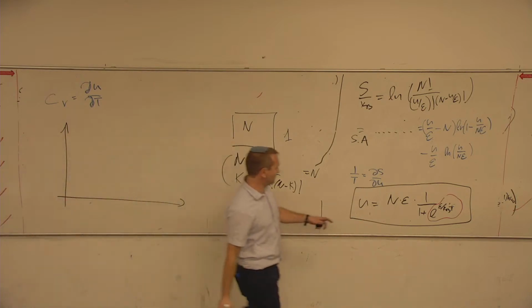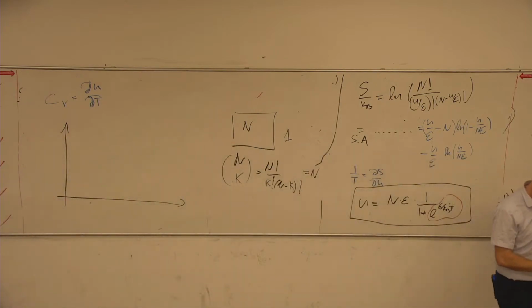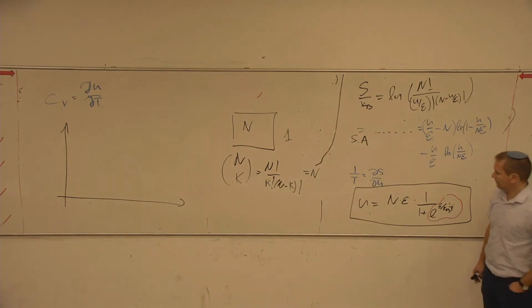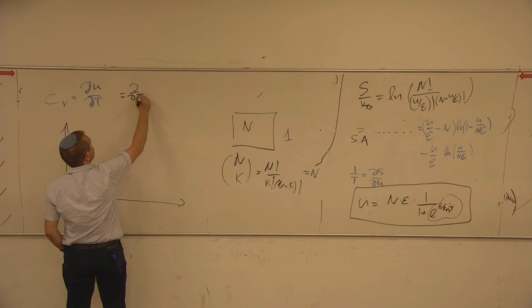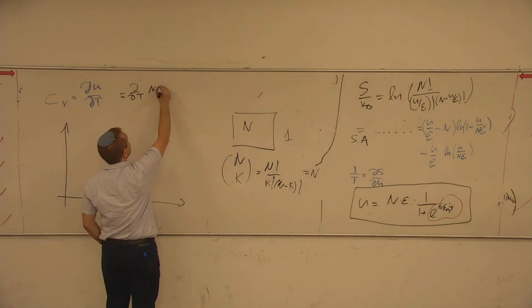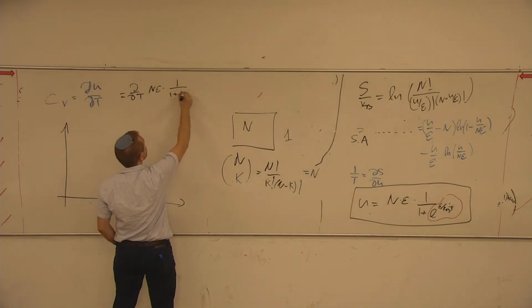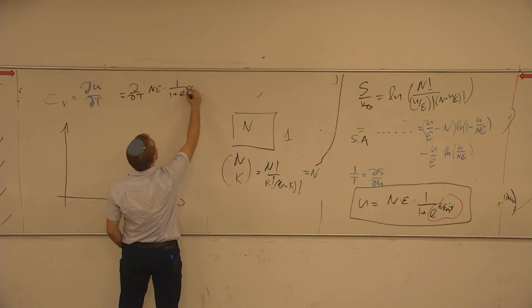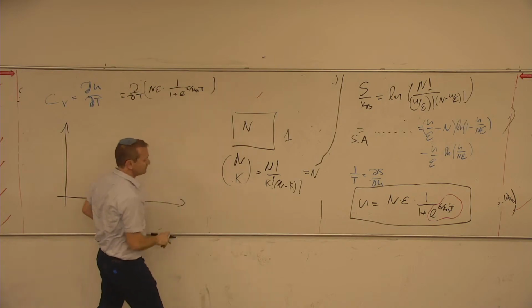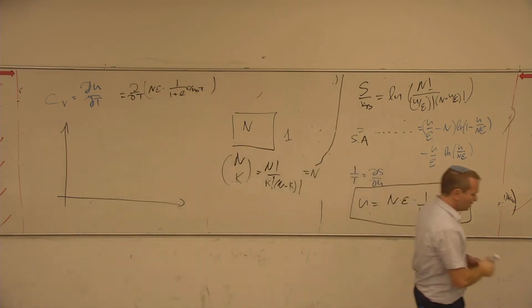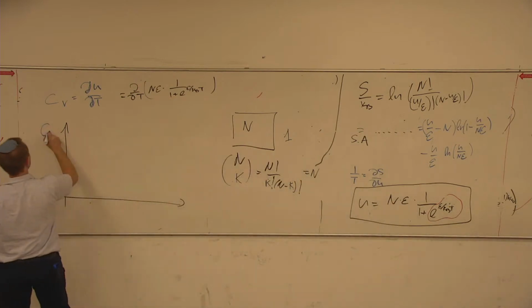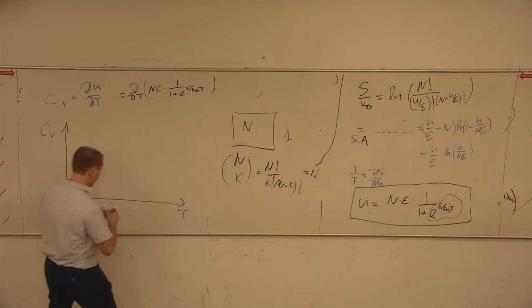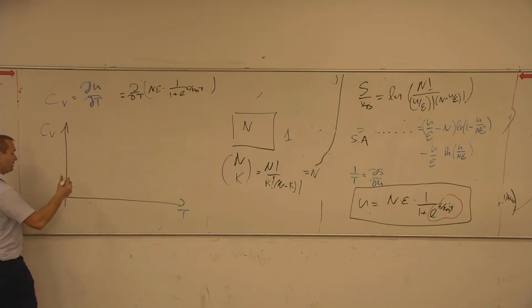Now, if we have this expression for U, it's basically d/dT of whatever we have over here, epsilon multiplied by 1 over 1 plus e to the epsilon by k Boltzmann T. So we take this derivative. The function of CV as a function of T looks like this.